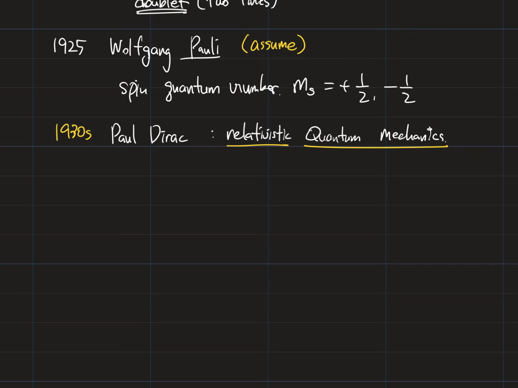And in his equation, the Dirac equation, the spin arises naturally. If you solve his equation, you will have a 4-component vector. So your answer is no longer a single wave function. The value consists of 4 components, like large component and small component, and up spin and down spin, something like this. So spin naturally arises by solving the Dirac equation.